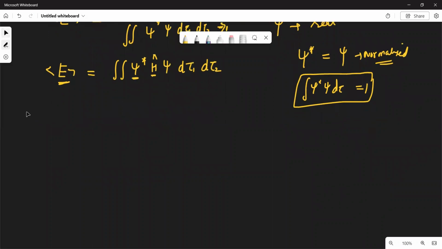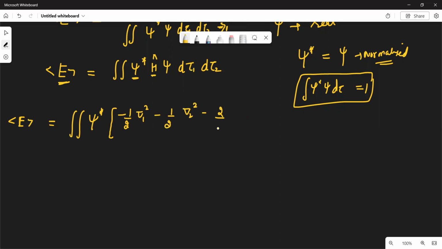Now the derivation is going to be quite lengthy, but it is easy. So here I will write the expression of Hamiltonian. So Hamiltonian was equal to minus 1 by 2 del 1 square minus 1 by 2 del 2 square minus 2 by R1 minus 2 by R2 plus 1 by R12. So this is the Hamiltonian operator. Rest of the terms I will write as it is.